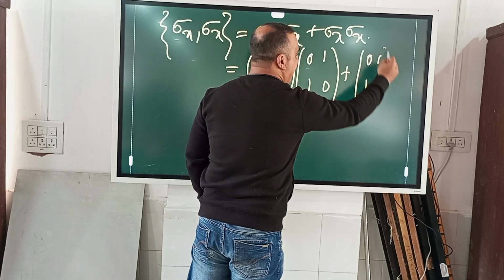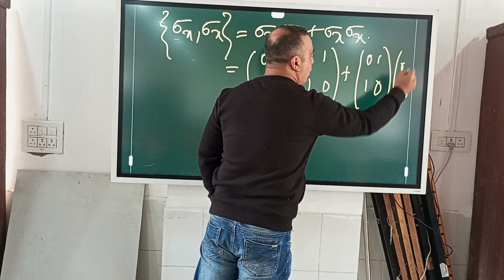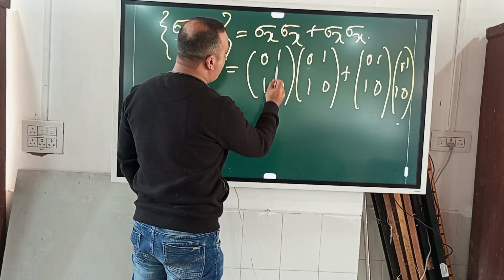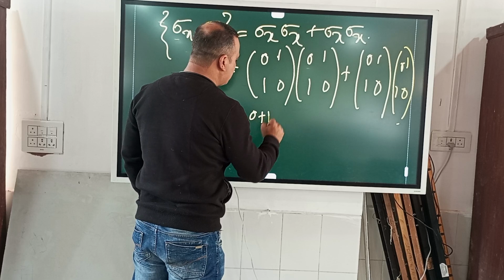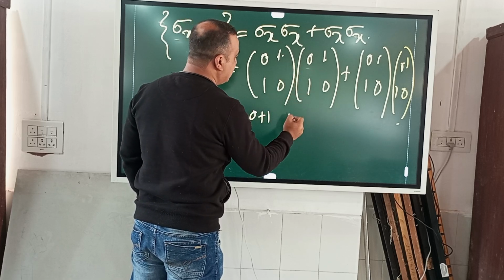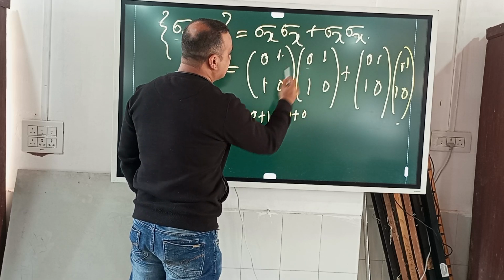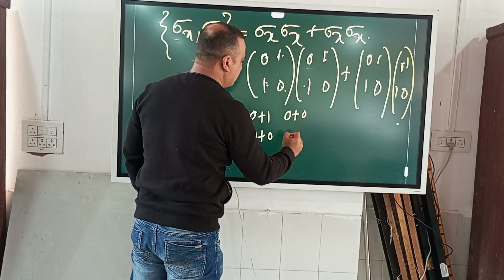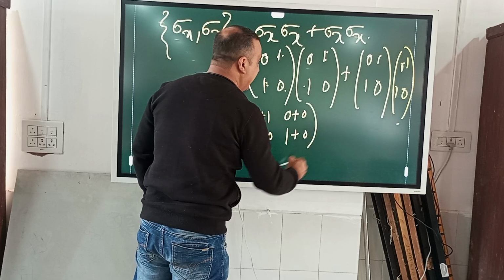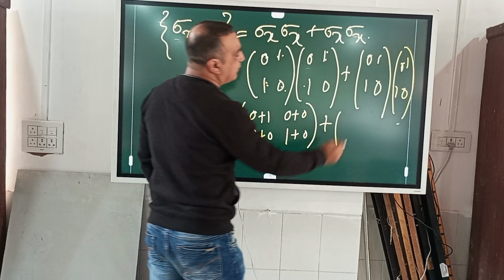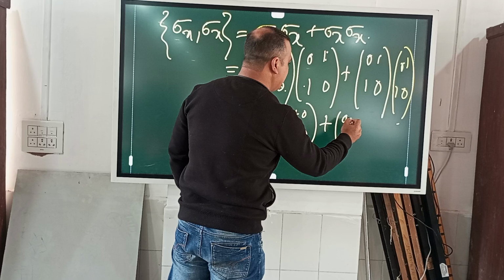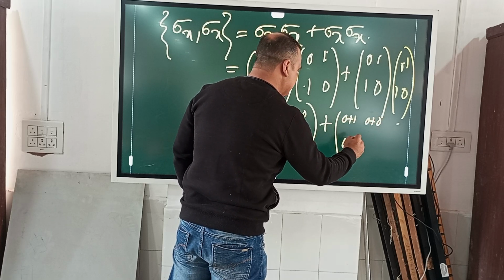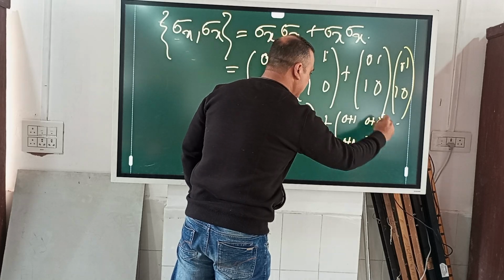Now we can calculate this. So this is 0 plus 1, 0 plus 0, 0 plus 0, and 1 plus 0. Then plus the same thing: 0 plus 1, 0 plus 0, 0 plus 0, and 1 plus 0.